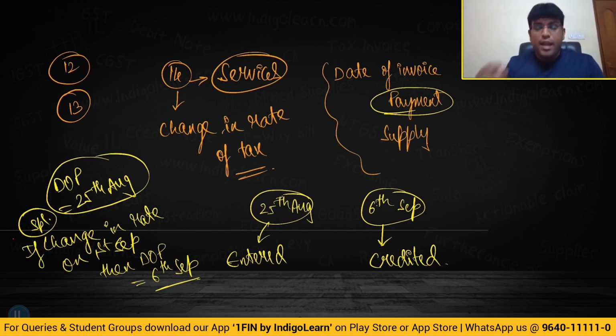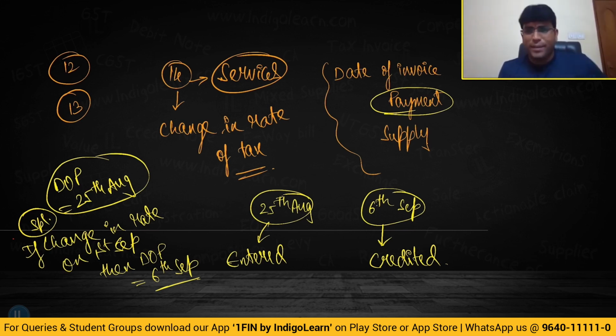But in section 14, we have one special point which says, if the credit in bank account is after 4 working days from the change in rate, then date of payment will be the date when payment is credited in the bank.